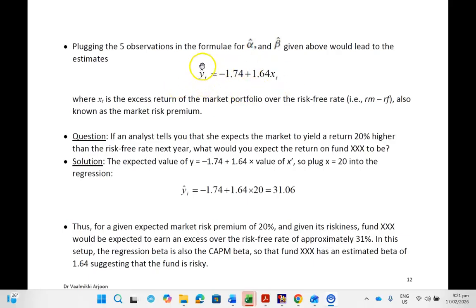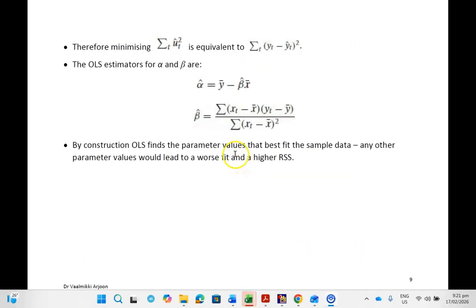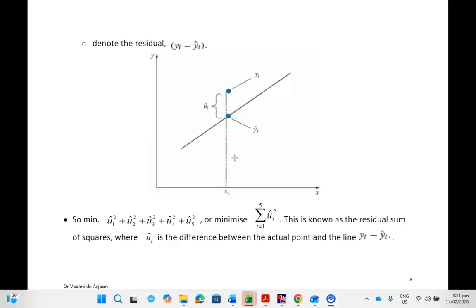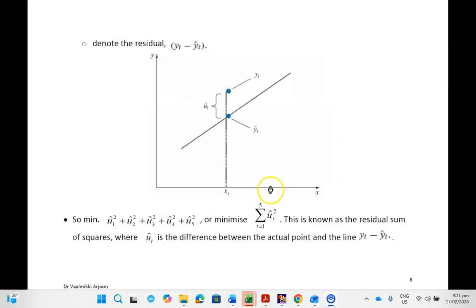Y hat, the dependent variable, is equal to negative 1.74, which is your alpha value, plus 1.64 times X. 1.64 is the value of beta hat. And that brings us right back to this. This is how you compute it. And remember, this is your regression equation, but we don't have to compute the error term.